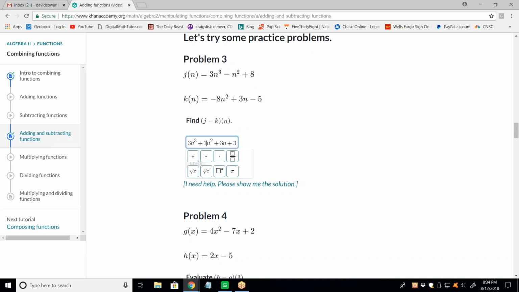And we're subtracting the k function from the j function. So it's going to be a plus or a minus down here? It's going to be a minus. Yes. And then we have 8 minus a minus 5. So would that instead be plus 13? Uh-huh.